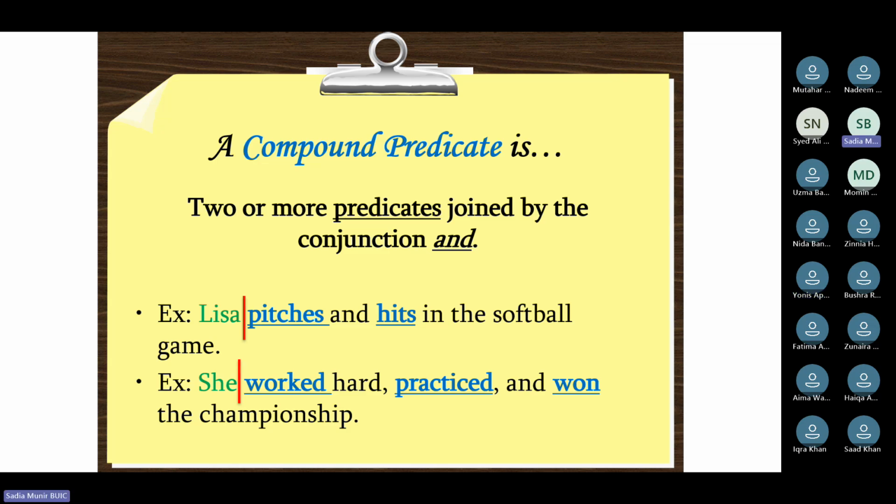Ma'am, is there a quiz on Monday? Yes, there is. You can check the topics which are going to be part of your Monday's quiz from the announcement section.